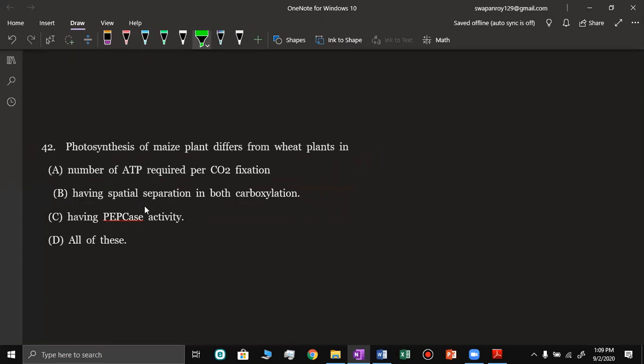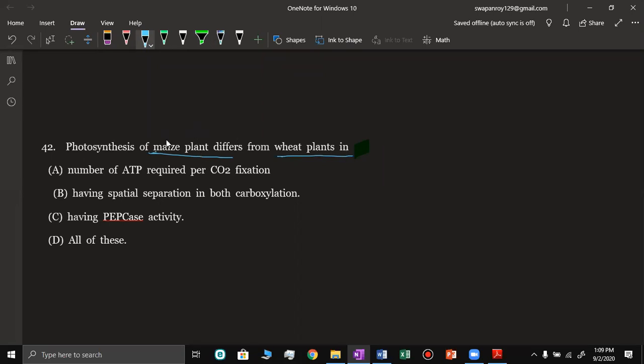Next is number 42. The photosynthesis of maize plant differs from wheat plant in. So the question here is the difference between the photosynthesis of maize plant and wheat plant. What is the difference? Here the question has been asked in a different way.